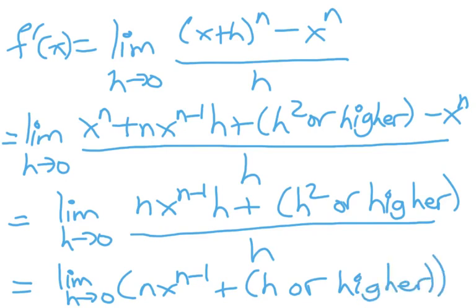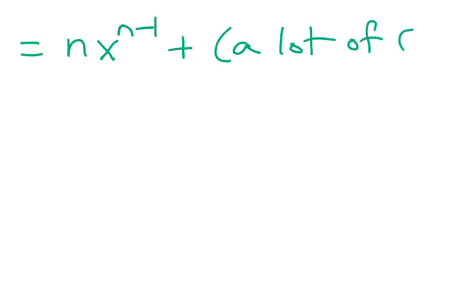So every term in this super bracket has a factor of h left over. Maybe many factors of h, but at least one. So what happens when we plug in h is equal to 0? Well, all of these terms are going to be multiplied by 0. In other words, we get that this is equal to n times x to the n minus 1 plus a lot of zeros. In other words, that's n times x to the n minus 1.